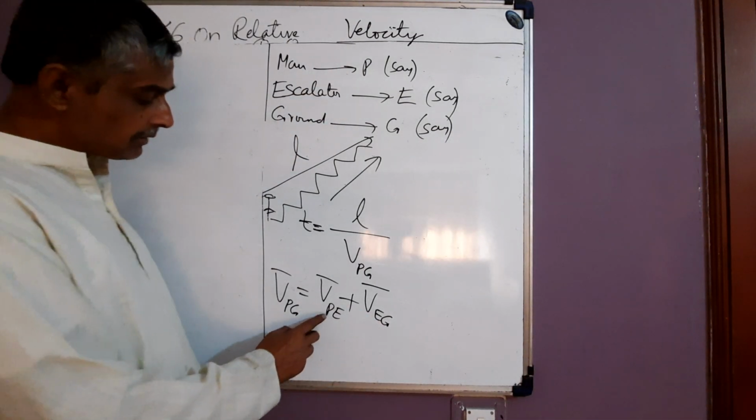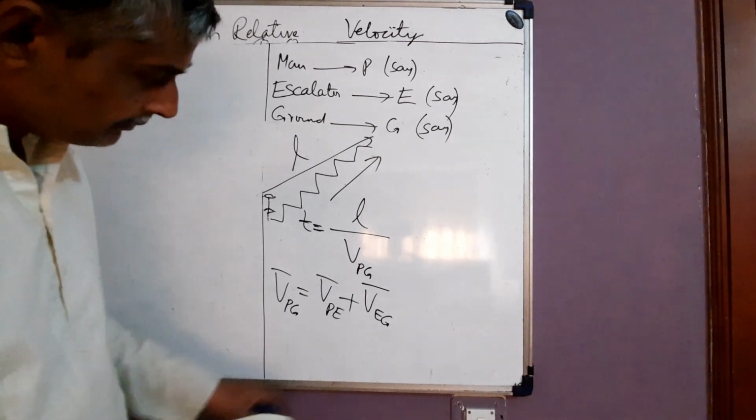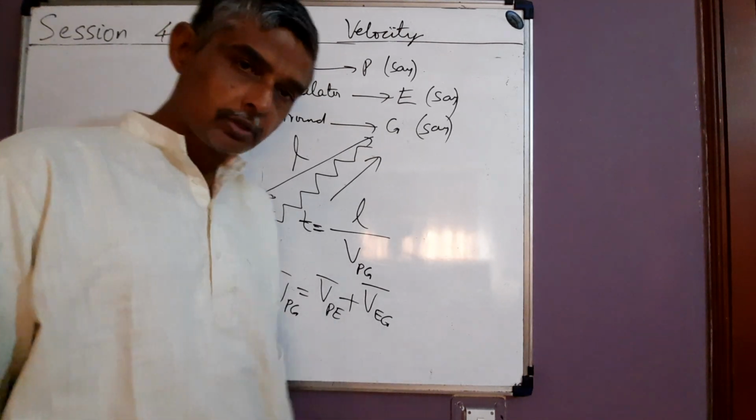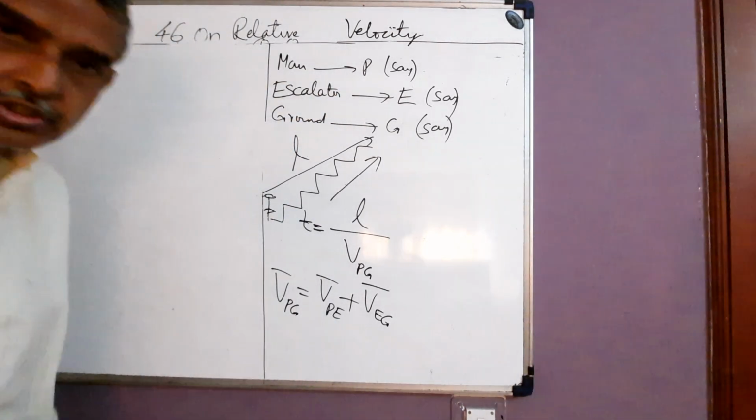Vpe is the speed of the person with respect to the escalator, and Veg is the speed of the escalator with respect to ground.